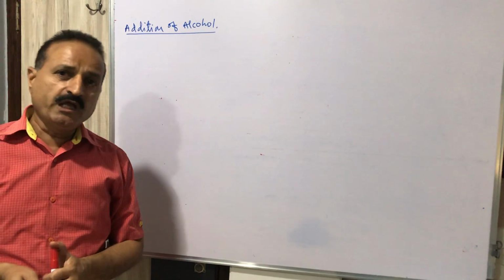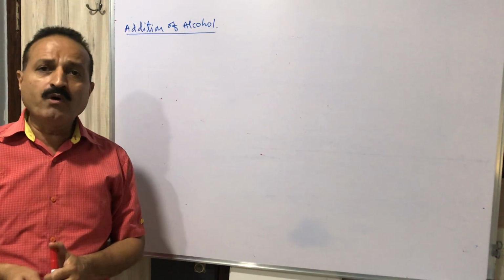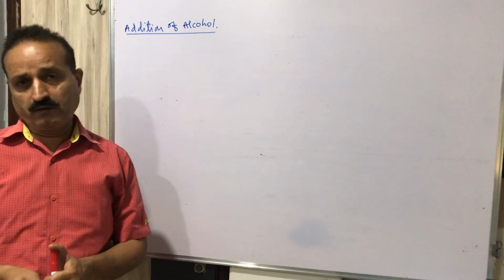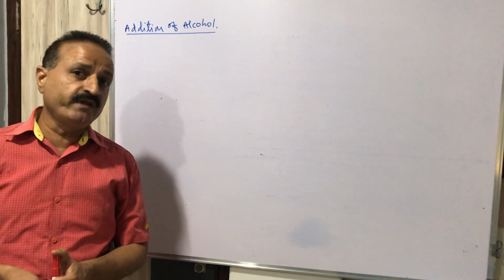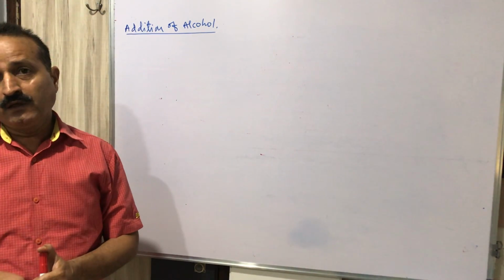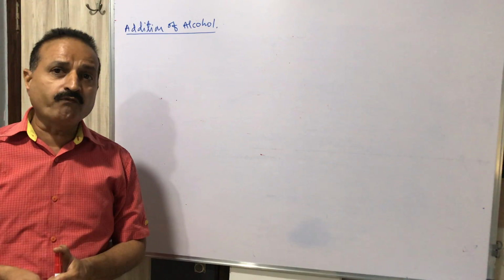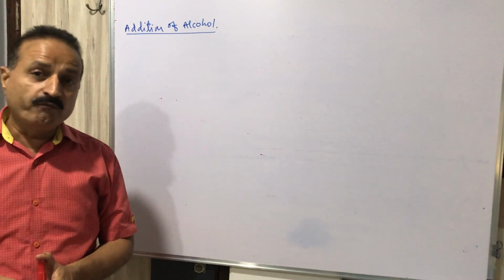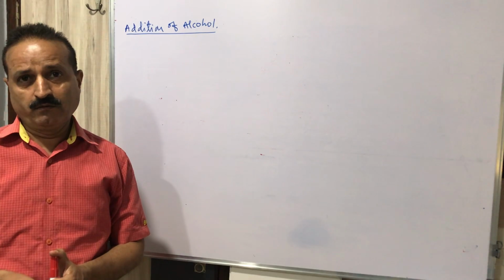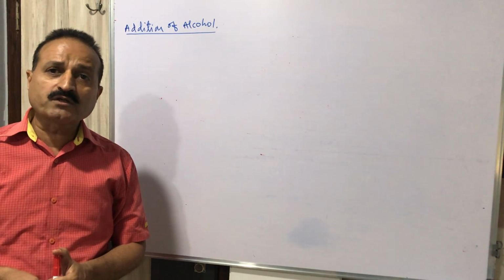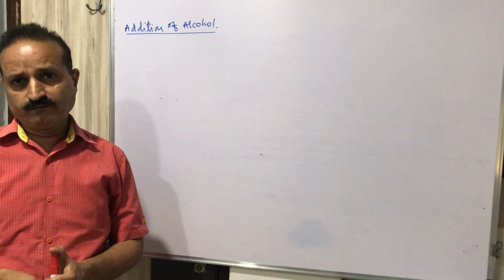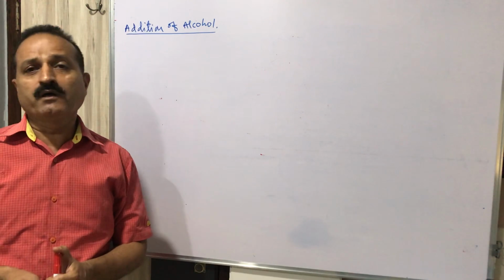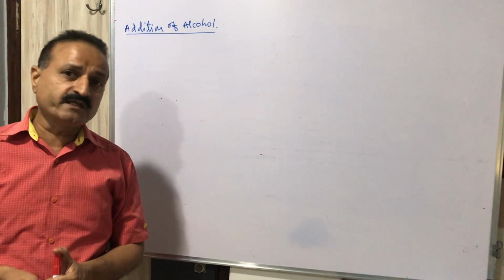One equivalent of monohydric alcohol reacts with aldehyde in the presence of dry hydrochloric acid, and we get a monoalkoxy alcohol, which is called hemiacetal.